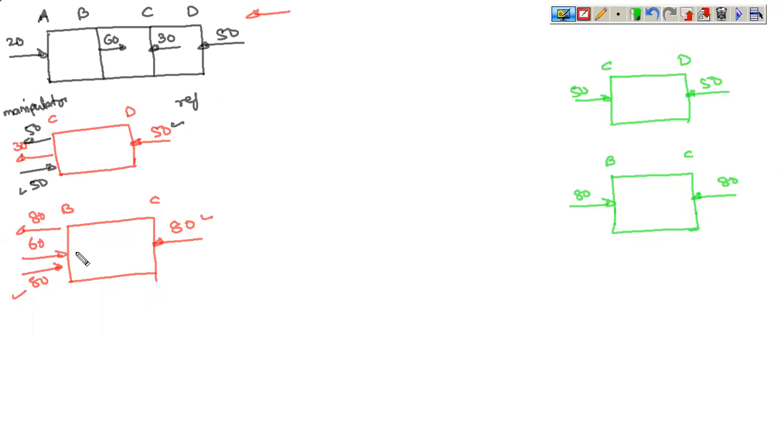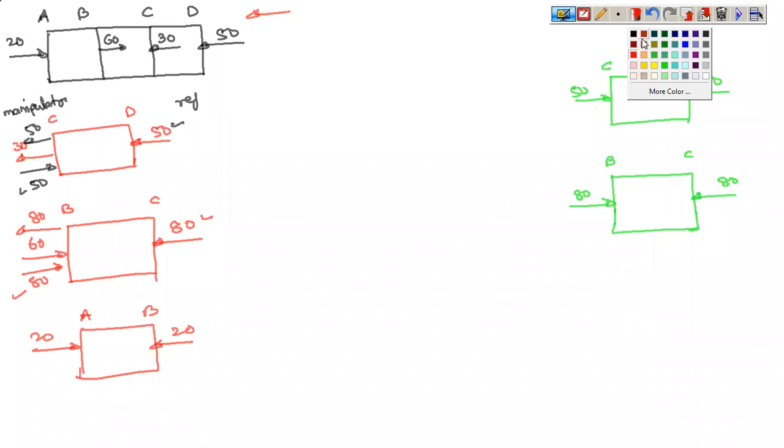What is left is 60 in this direction and 80 in this direction. Look, 60 in this direction and 80 in this direction means it is actually 20 in this direction. If you come to AB, this is 20 here.